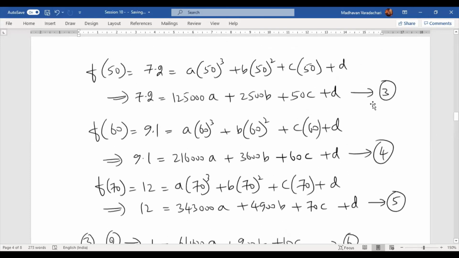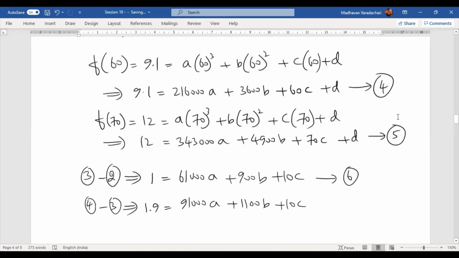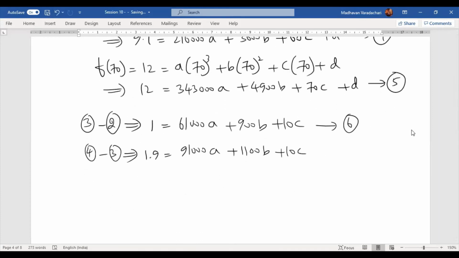Then D and D will get cancelled again. So we'll call this the seventh equation.